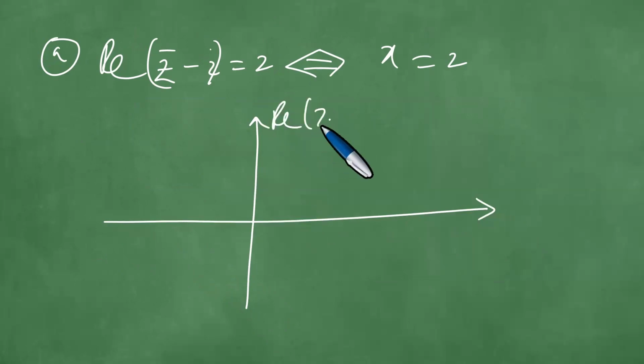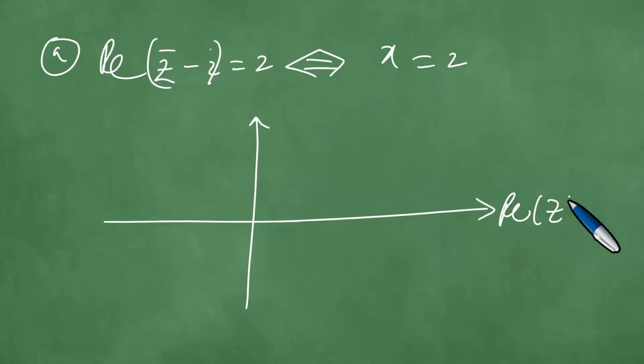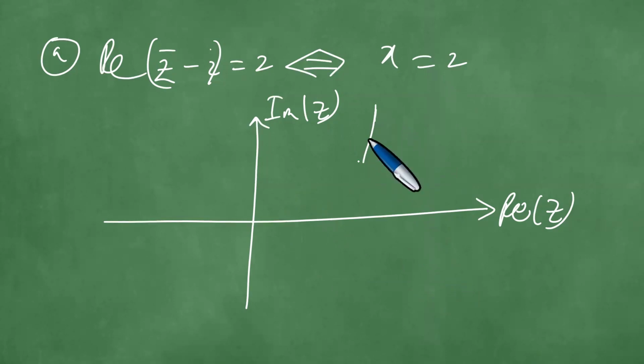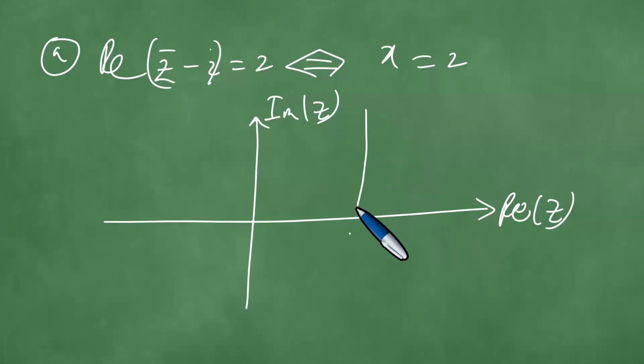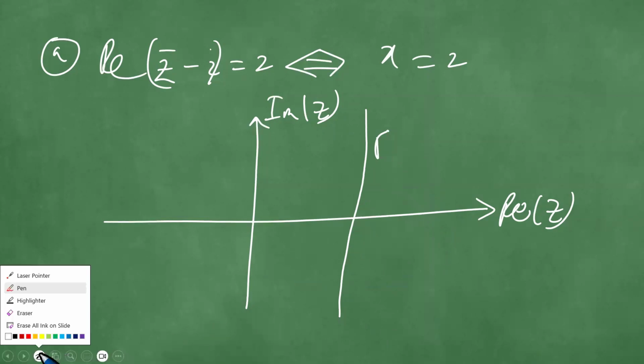The graph will be formed by the imaginary axis at the top and the real axis at the bottom, and this is called the Argand diagram. If x equals 2, then it is a vertical line through 2, which is what is of interest to us.